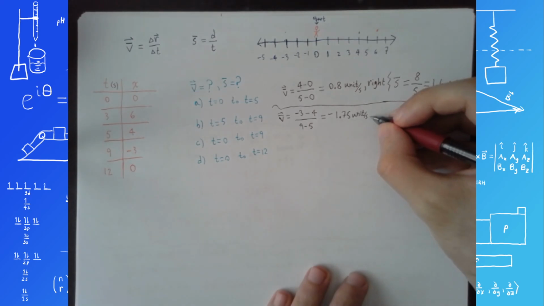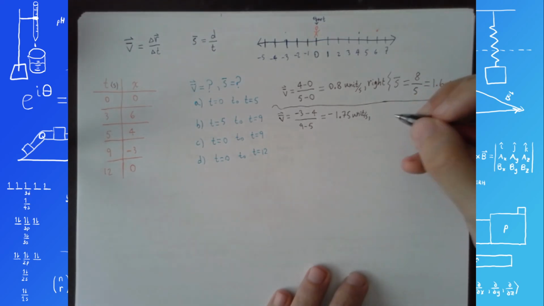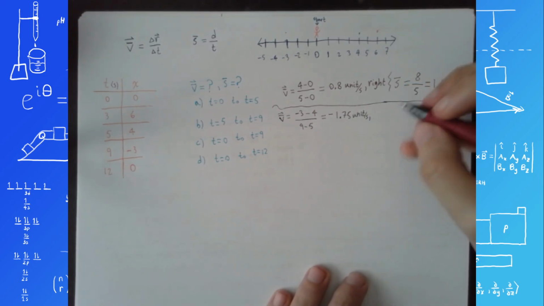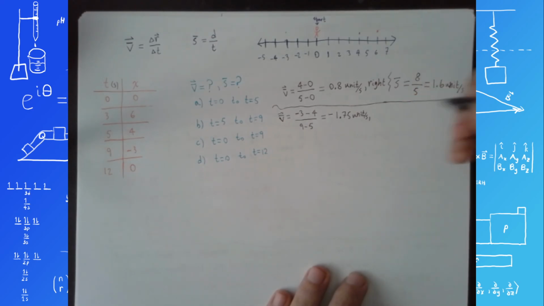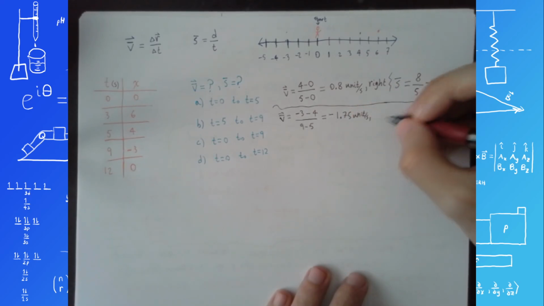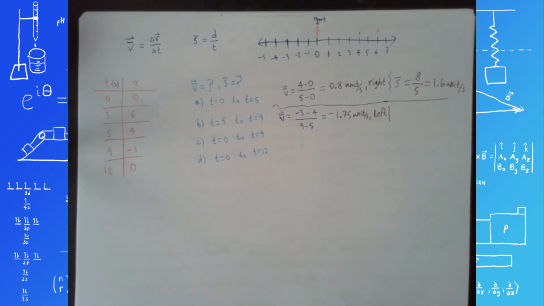I guess it would be redundant to call it left here because I already have the negative sign. Yeah, I guess the negative actually takes care of direction in this case. But okay, if you drop the negative and add the word left, then you have fully described the average velocity because you've given magnitude and direction.